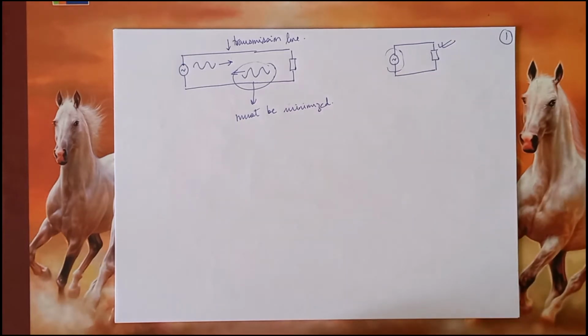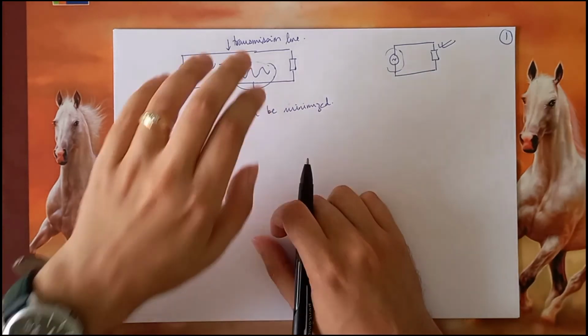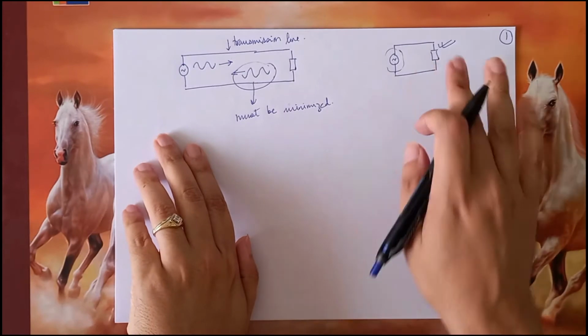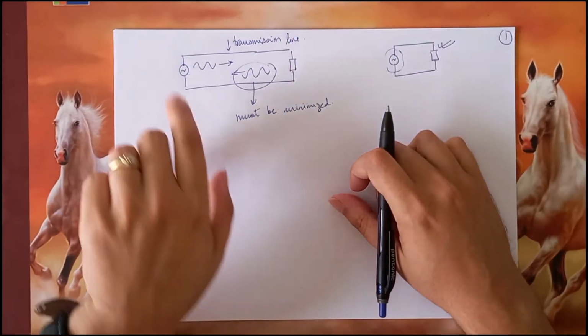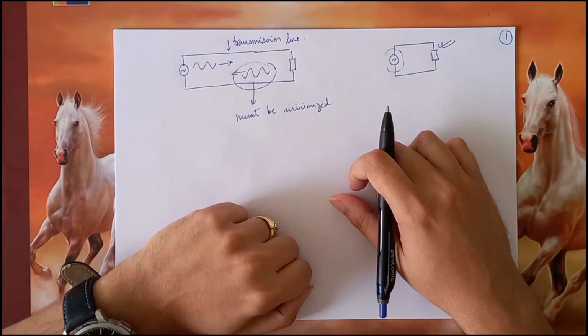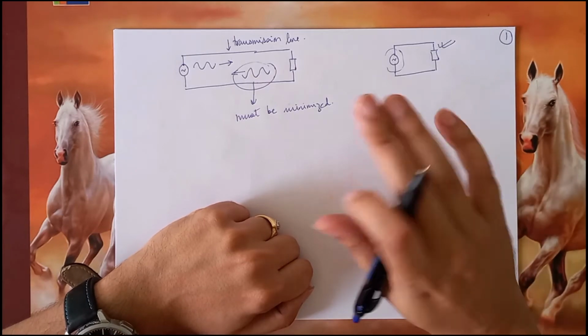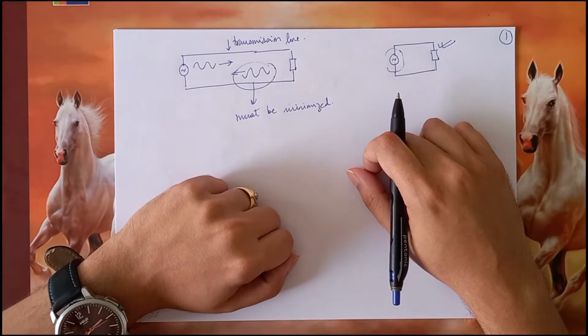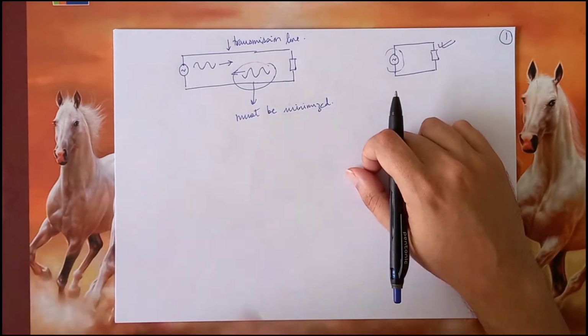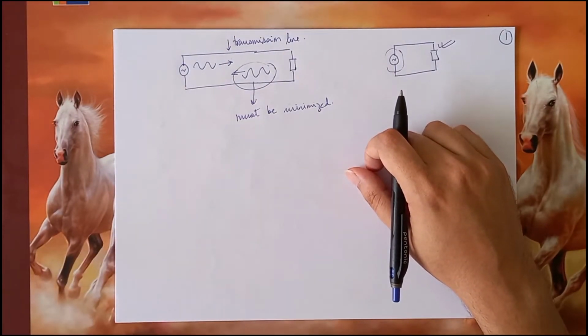So the point is, we need to ensure, whatever the case is, that the load receives the maximum power it can possibly receive. Now that maximum power could be anything. Ideally, it should be the same power as that of the source. But that never happens. Why?